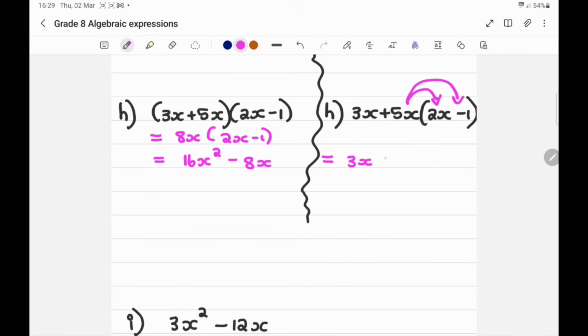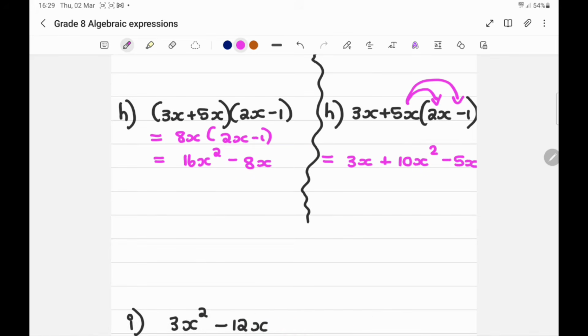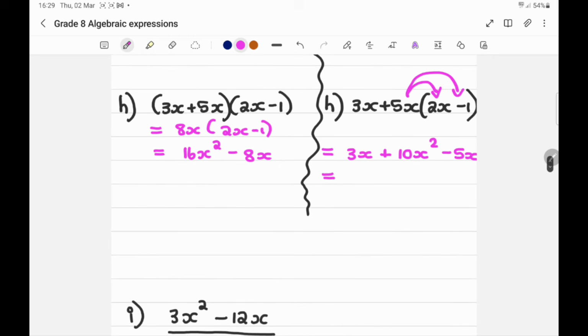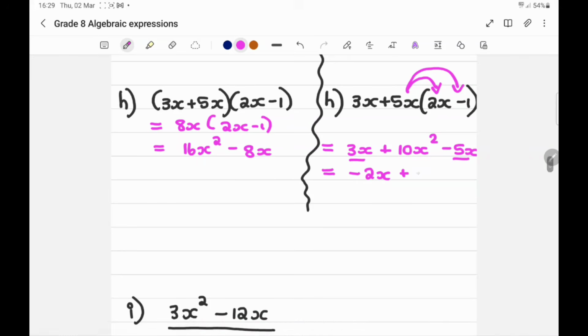The 3x comes down, plus 5 times 2x is 10x squared, and a positive 5 times a negative 1 is a negative 5x. So plus 10x squared minus 5x. And these two are like terms. 3x minus 5x gives you a negative 2x plus 10x squared.